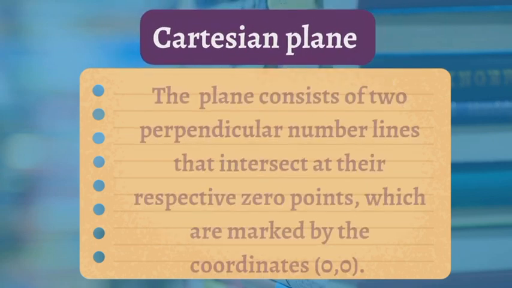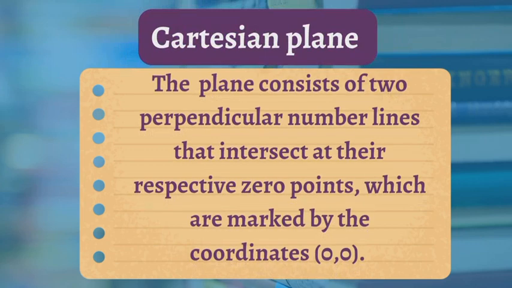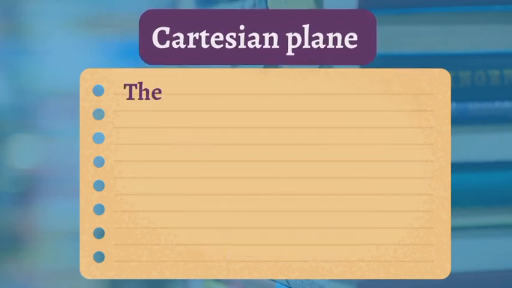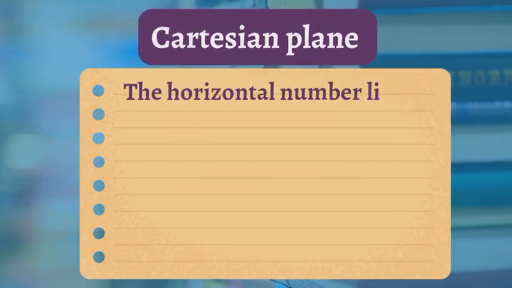And then we say that the plane consists of two perpendicular number lines that intersect at their respective 0 points, which are marked by the coordinates 0, 0. We are going to be seeing a picture of the Cartesian plane in the next slide, and there we'll be able to explain more about it.